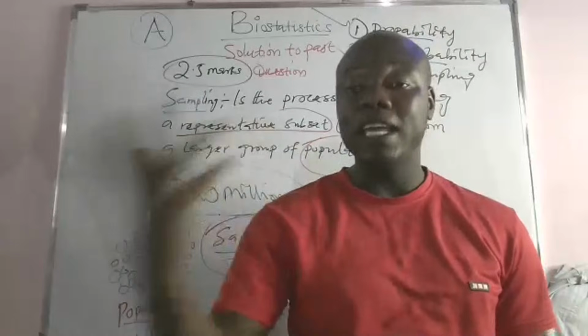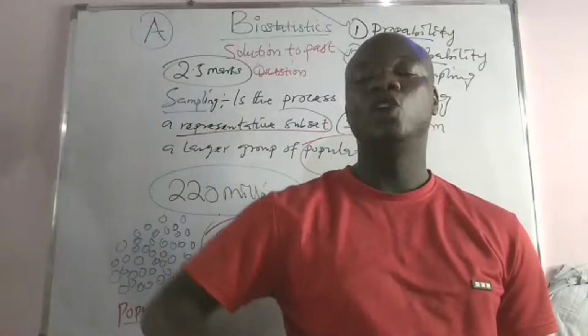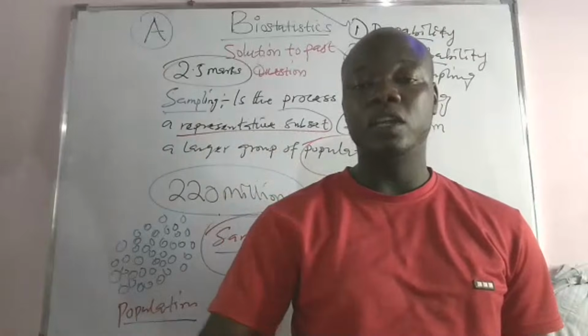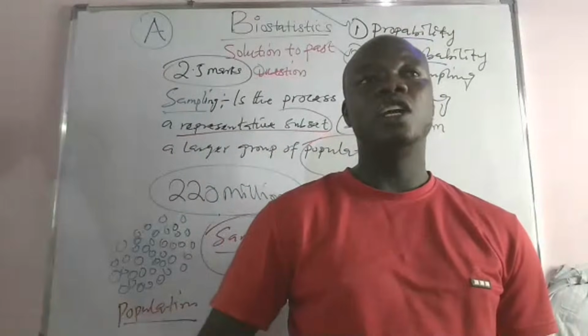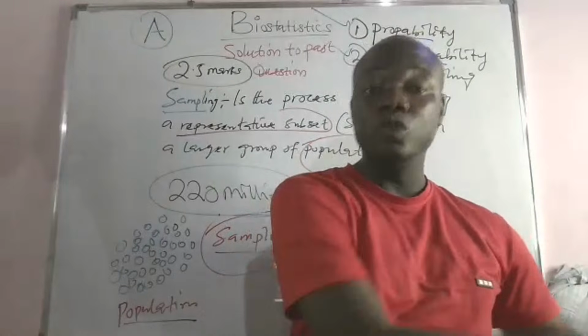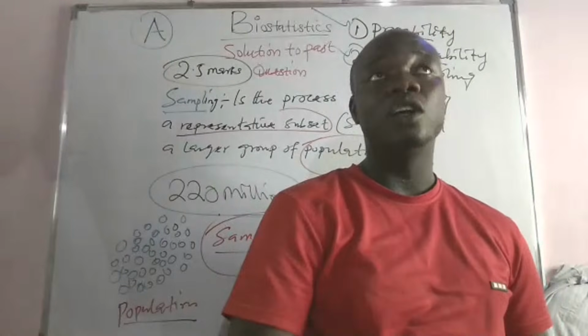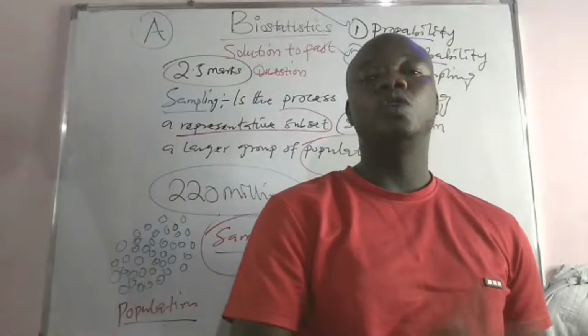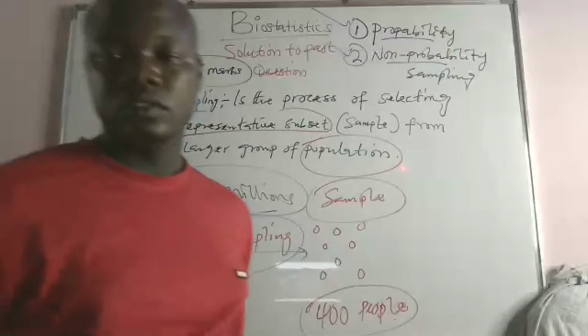You have a target individual that you want to select. But in the case of probability sampling, you just come to the class and select any members of the class. Then you test them, and from there you will see whether they are intelligent or not. So that is probability sampling.